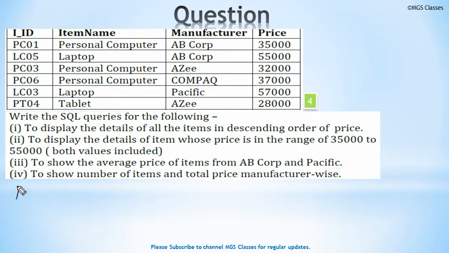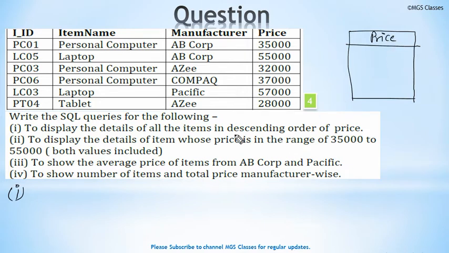So first portion I am answering. To display the details of all the items in decreasing order of price, what he is actually trying to get in output, I am just giving you the hint: he wants to arrange all items in the order of price in descending order. Descending order means the highest price item will come on the top.